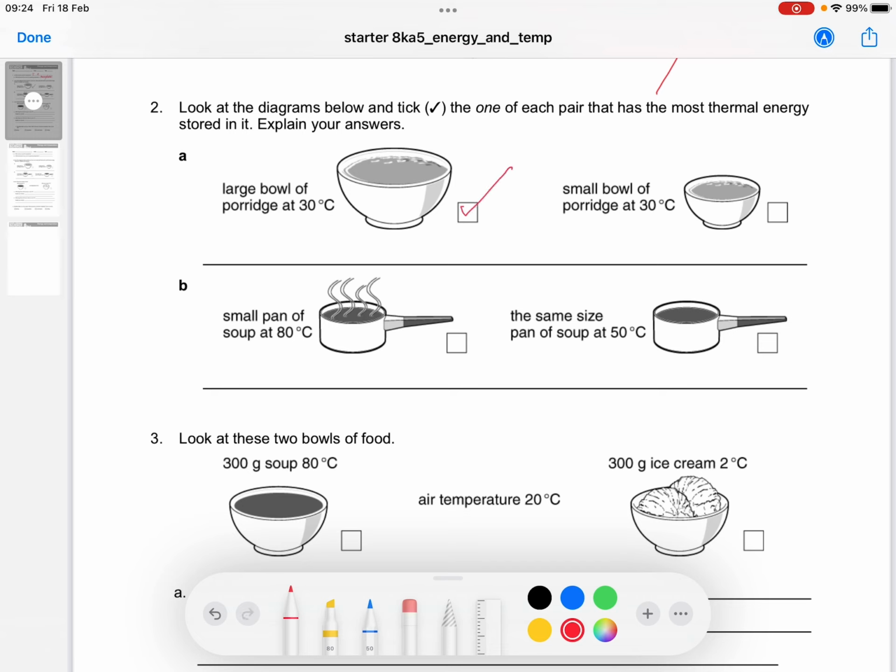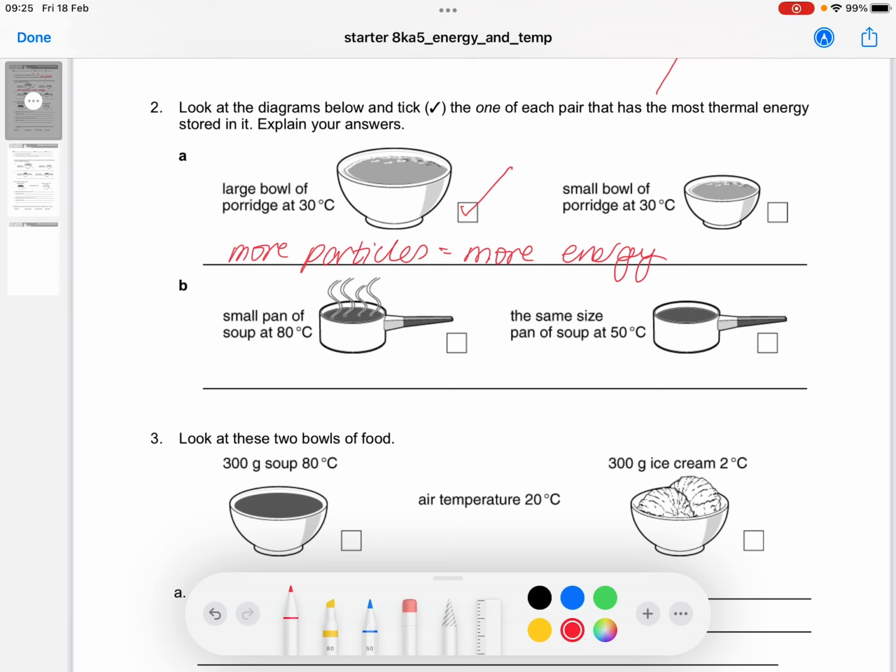The reason the largest one has the most energy in it is because it has the most particles. You here are comparing two bowls. One is a small bowl, one is a large bowl, but they're both at the same temperature. The large bowl has more particles in it, so it will have more energy. So more particles equals more energy.